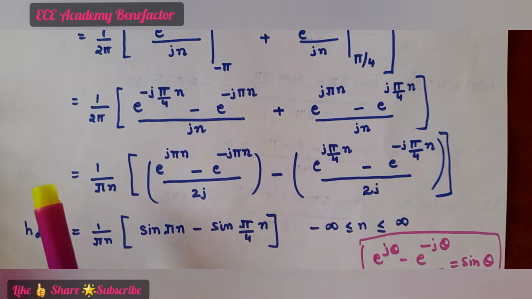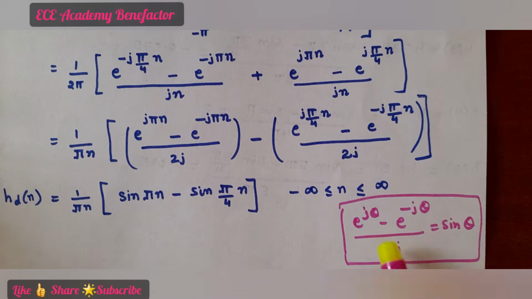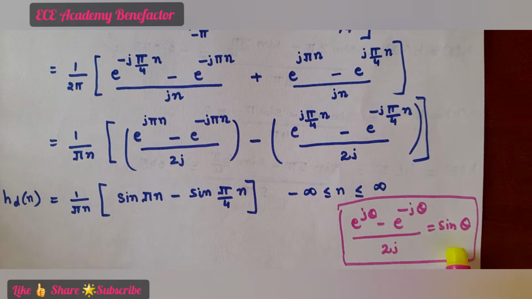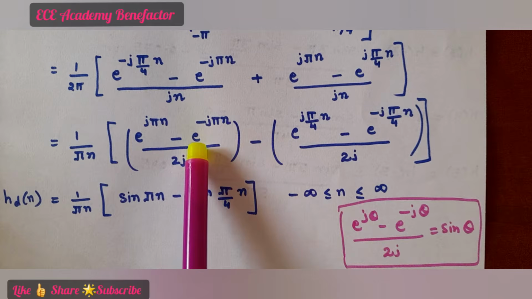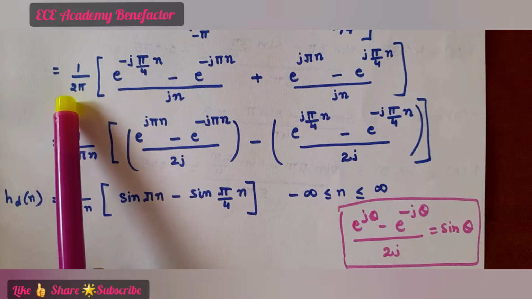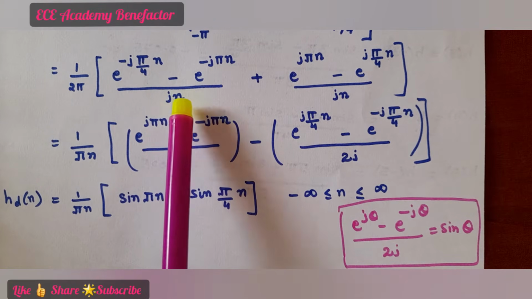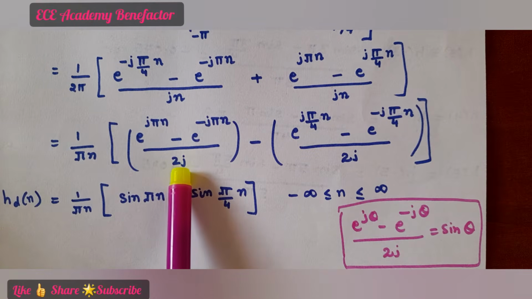Now rearranging the terms to get it in the form of e to the power j theta minus e to the minus j theta by 2j, which can be written as sin theta. So, on rearranging the terms, e to the power j pi n minus e to the power minus j pi n, and in the denominator we have 2 pi j n. So I have taken pi n common outside and taken 2j in.